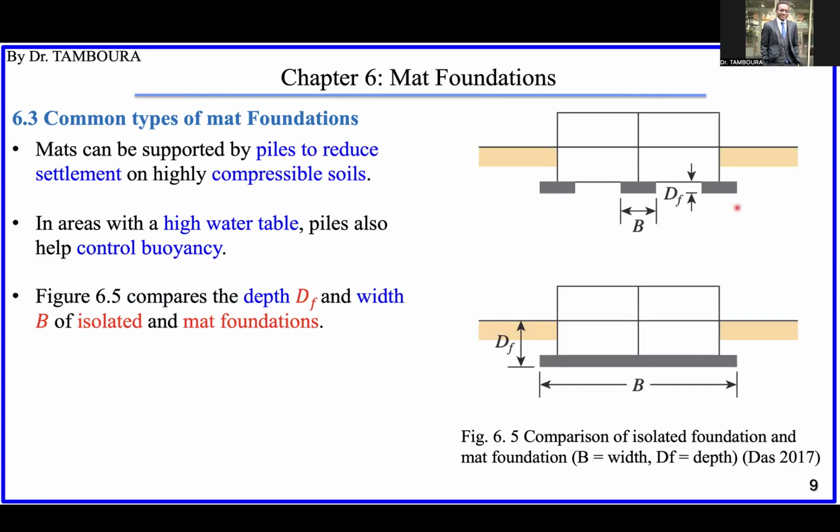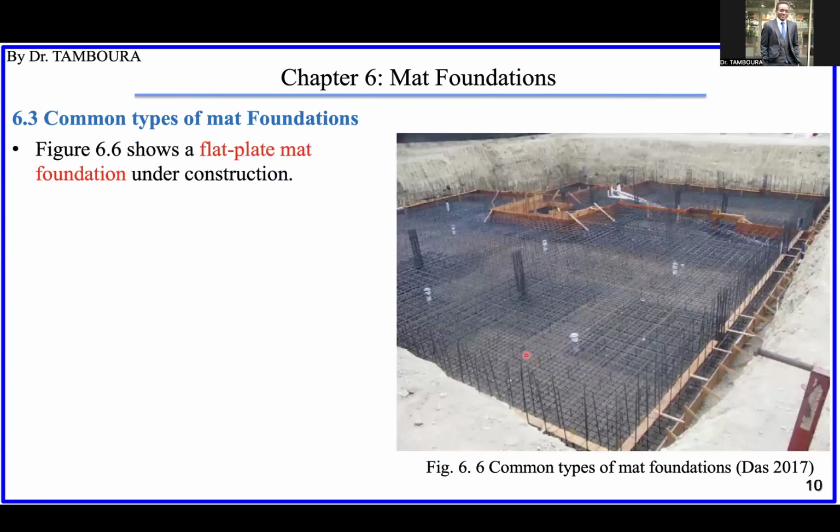This figure is showing a comparison between embedment and width of a single footing and a mat foundation. You can see here Df for the single footing, for example, is this distance, but for the mat foundation it is from here to here. And for the width, of course, this dimension and that one.